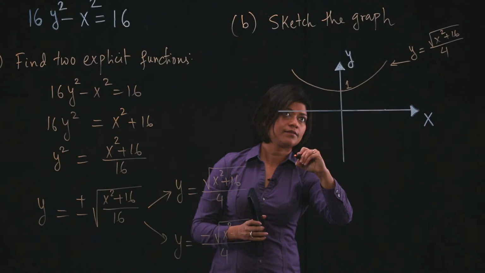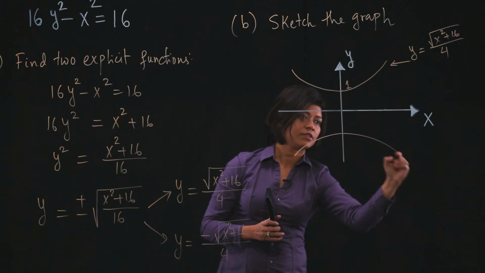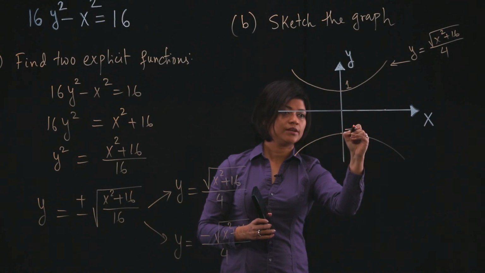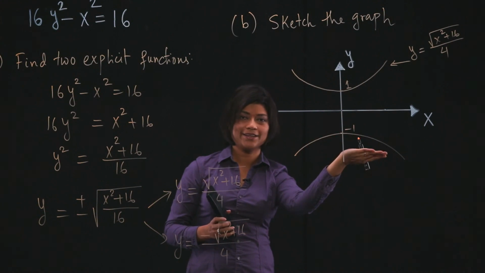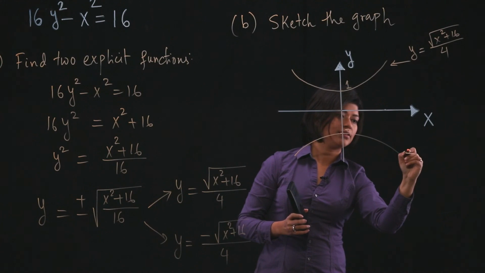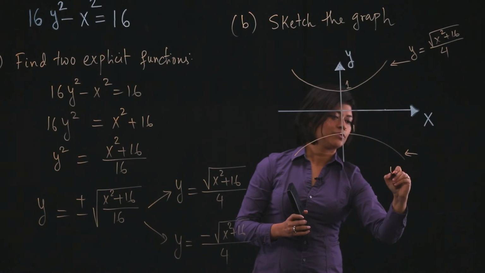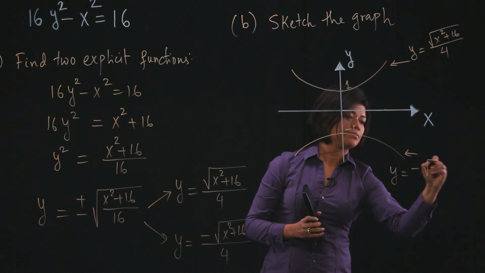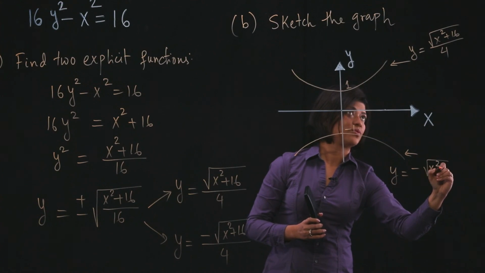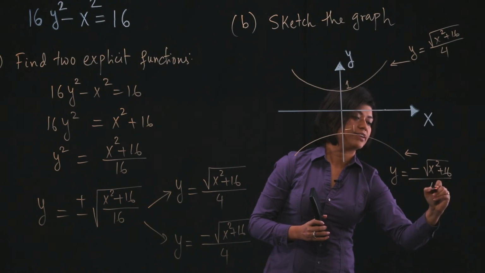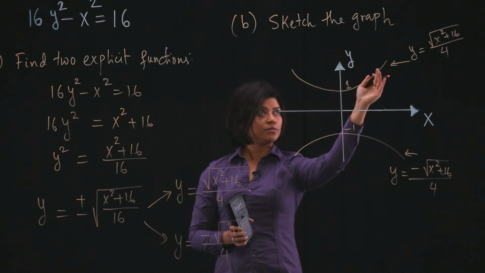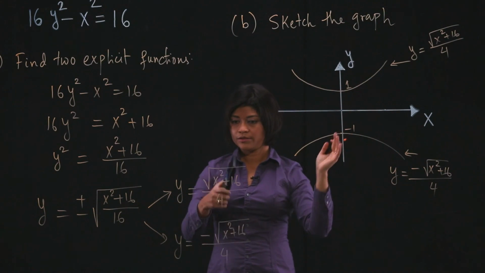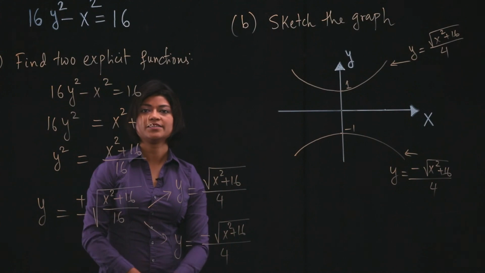It looks like this, and it passes through negative 1. All the y values are negative, so this one is the graph of y equals negative square root of (x² + 16) divided by 4. All right, so we have labeled both graphs given by these explicit forms.